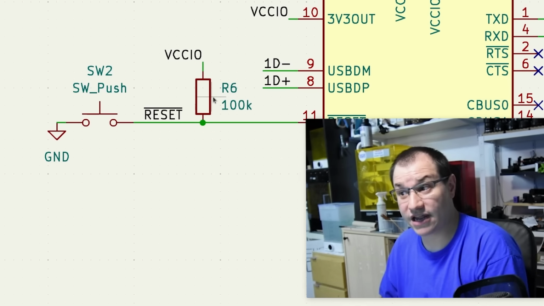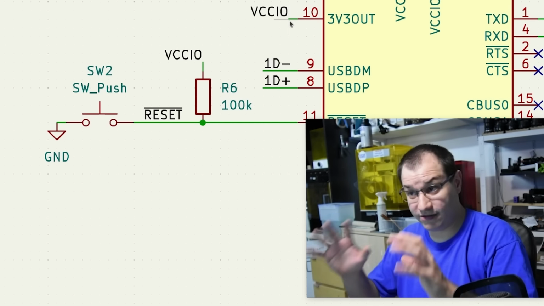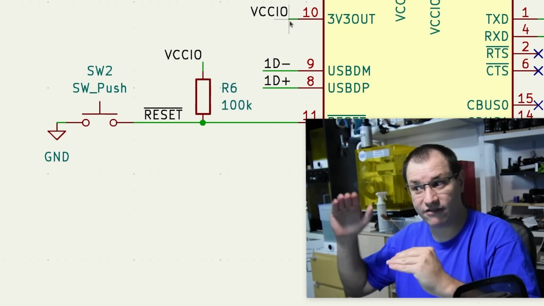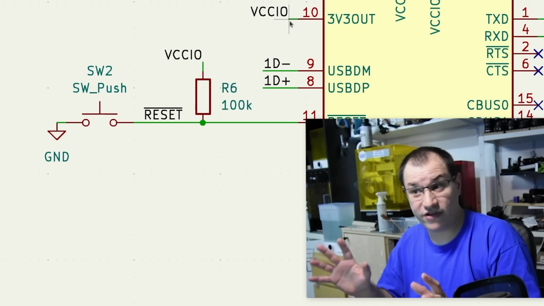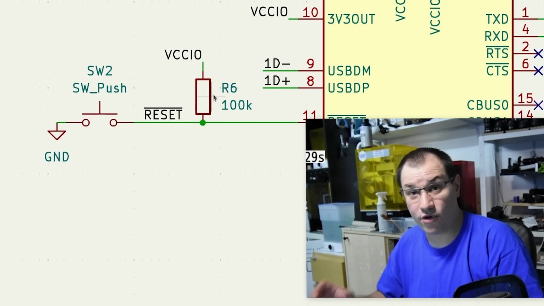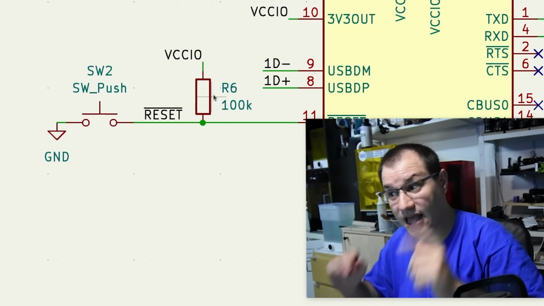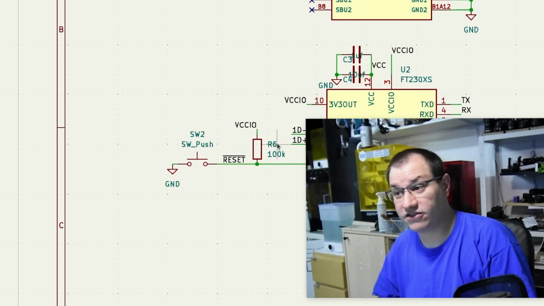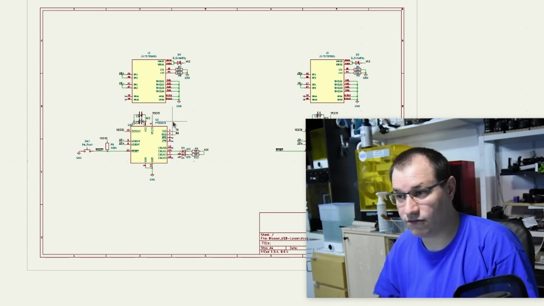We need a 100K pull-up to that to VCCIO, which has to have the same logic level voltage as all the other stuff, which is 3.3 volts, so we don't blow up things. And this 100K is pretty important so that there is a reset sequence for both of them. And that should enable us to communicate over this flawlessly.